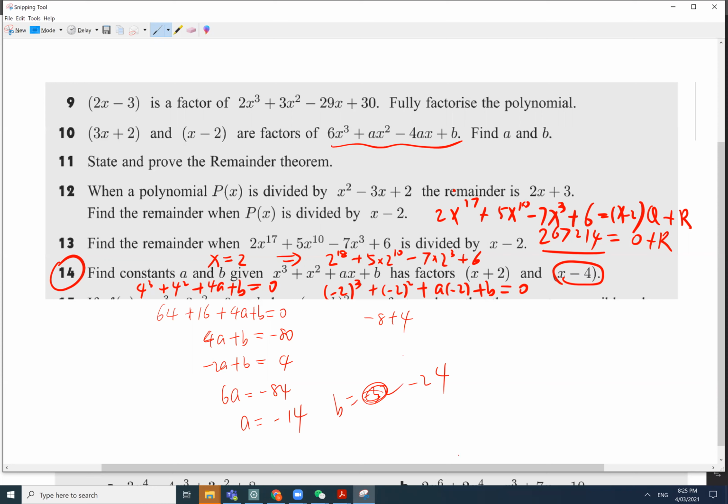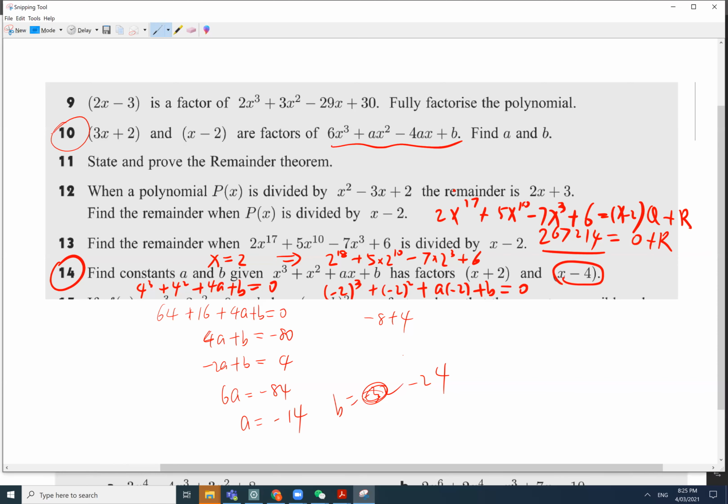Who got negative 24? Leo got negative 24. Good. Timon got negative 24. Isabella negative 24. Okay, good. Yeah, negative 24, correct.